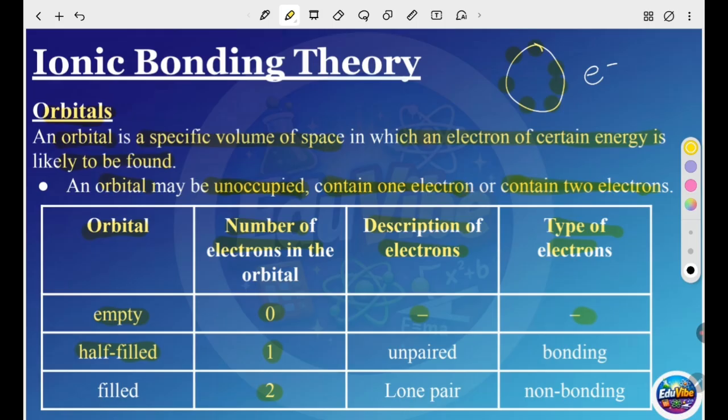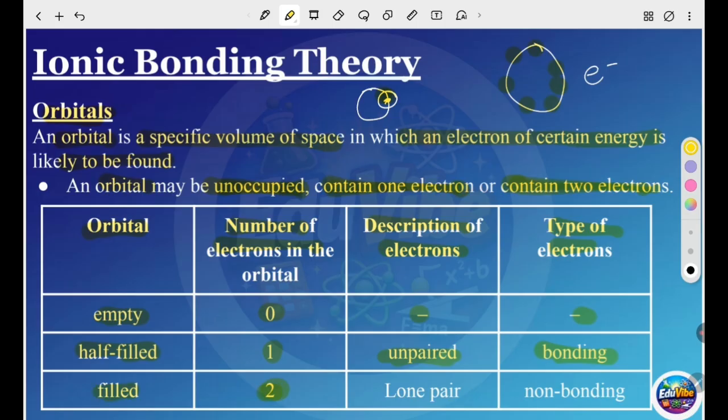The description is unpaired. If we have only one electron, it does not have any pair, so it is an unpaired electron, and its type is bonding. It can bond with other electrons.